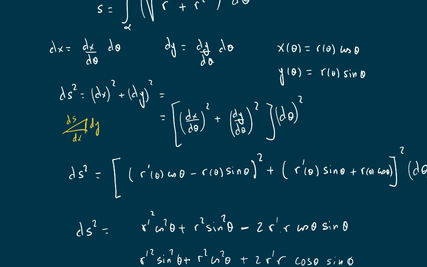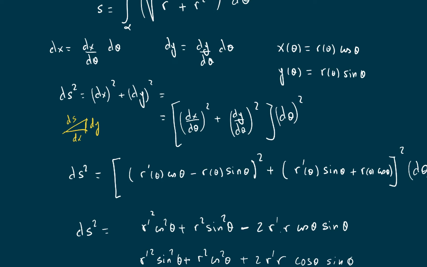So what is dx/d theta? The x is r cosine of theta. So dx/d theta, the derivative of x with respect to theta, is, by the product rule, r prime of theta multiplied by cosine of theta plus r of theta multiplied by the derivative of cosine of theta, which is minus sine of theta.